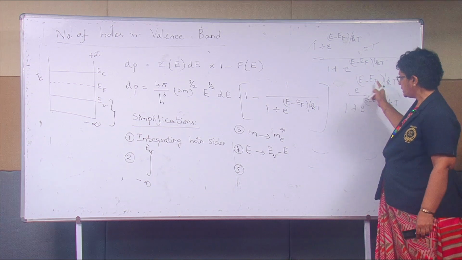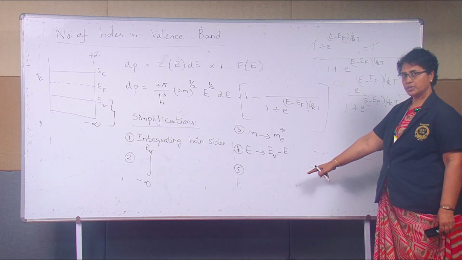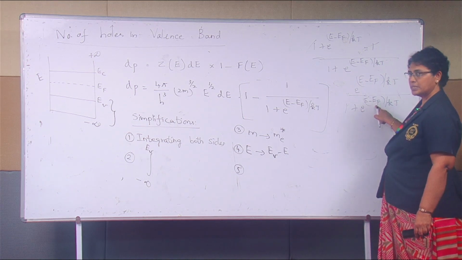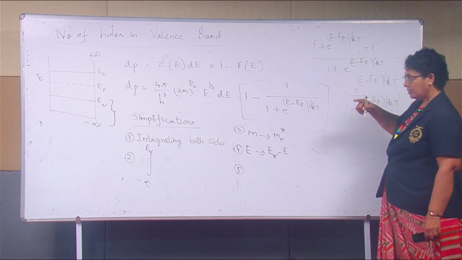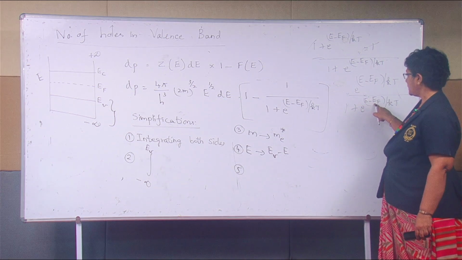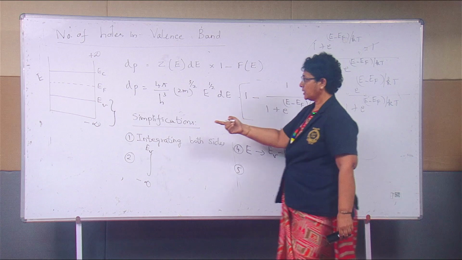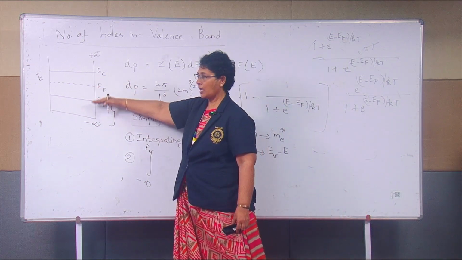Now, only in this term you have to make the simplification. So, what simplification can be done? Where is this EF present? EF is present above EV, in any one of the energy levels just above EV.